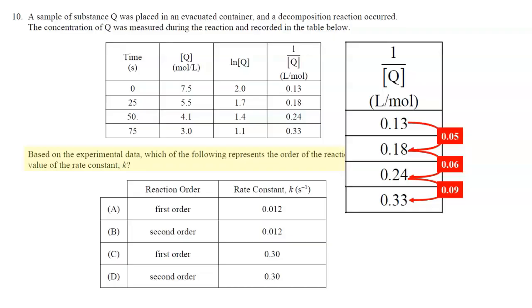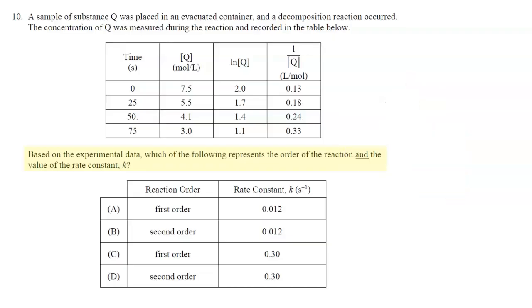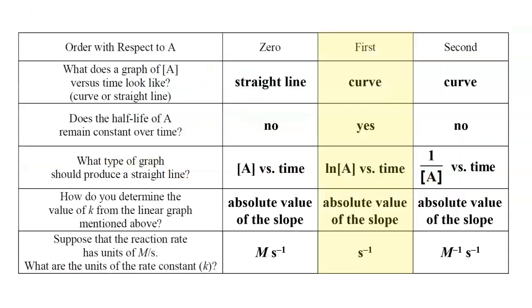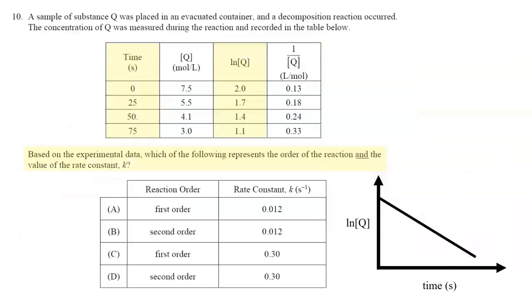Now let's check natural log of concentration of Q. From 2 to 1.7 to 1.4 to 1.1, that's a decrease of 0.3 every 25 seconds. So that is a linear relationship. When we have a plot of natural log of concentration versus time, it's going to be first order for the rate law.